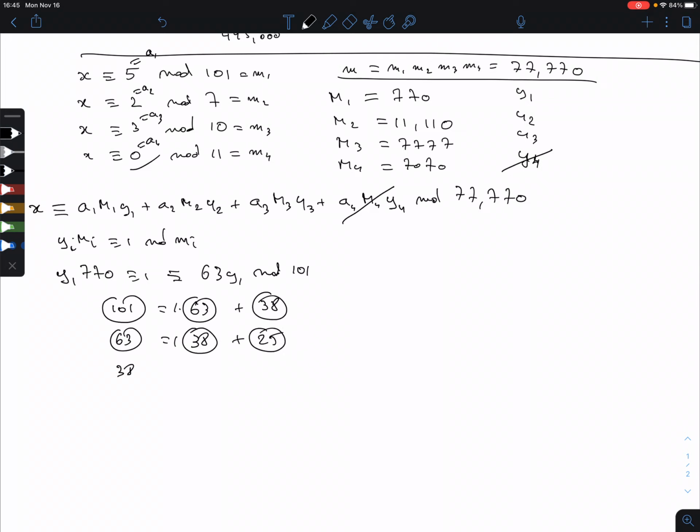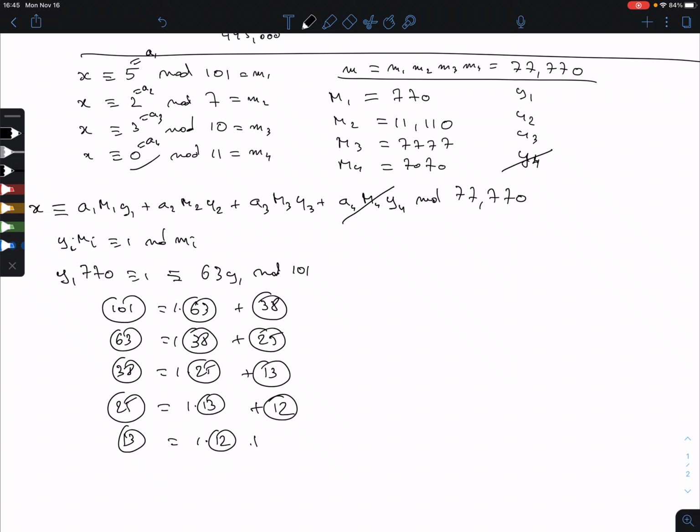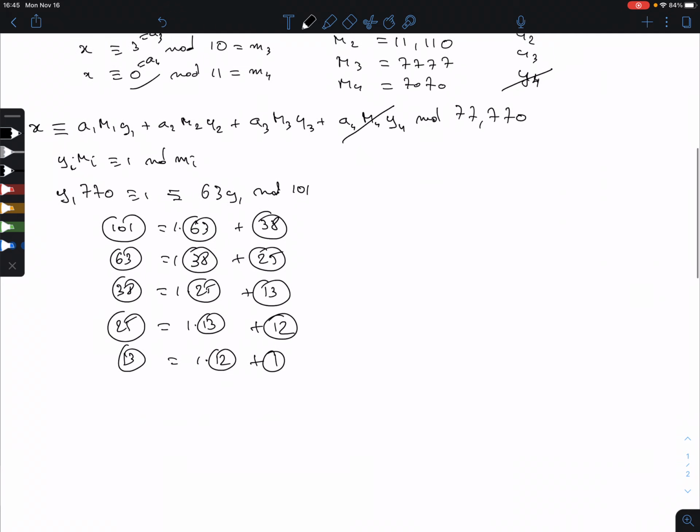Then 38 is 1 times 25 plus 13. And then 25 is 1 times 13 plus 12. And 13 is 1 times 12 plus 1. So 1 is the GCD, as it has to be. If I don't get 1 here, something went wrong.